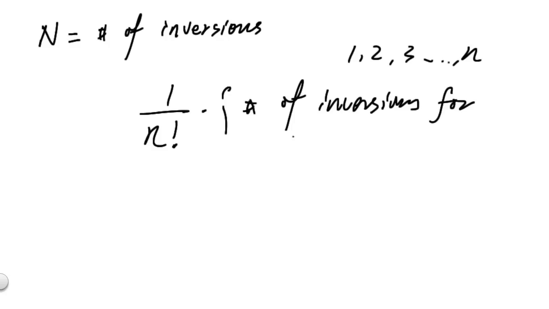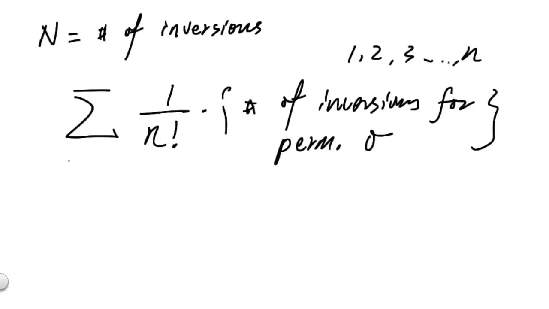If we were to add up this number across all sigma, weighted by the probability that this permutation will emerge, we will get the expected value of N. That is, iterating through the space of all permutations, and for each permutation, counting the number of inversions.